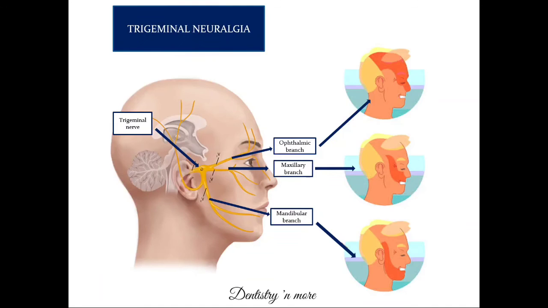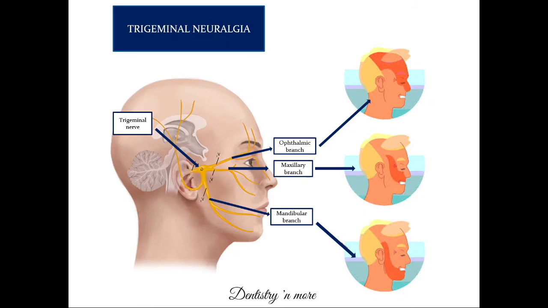Speaking about the three branches of the trigeminal nerve, we have the ophthalmic branch, the maxillary branch, and the mandibular branch, assigned V1, V2 and V3 respectively. V1, the ophthalmic nerve, supplies the scalp, the forehead and the upper eyelid.